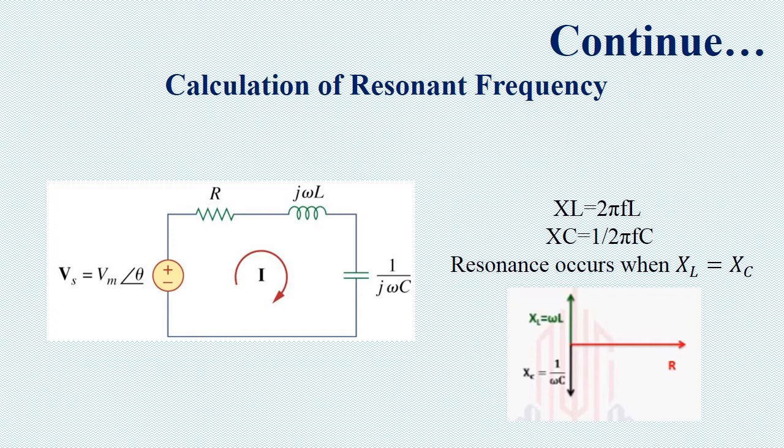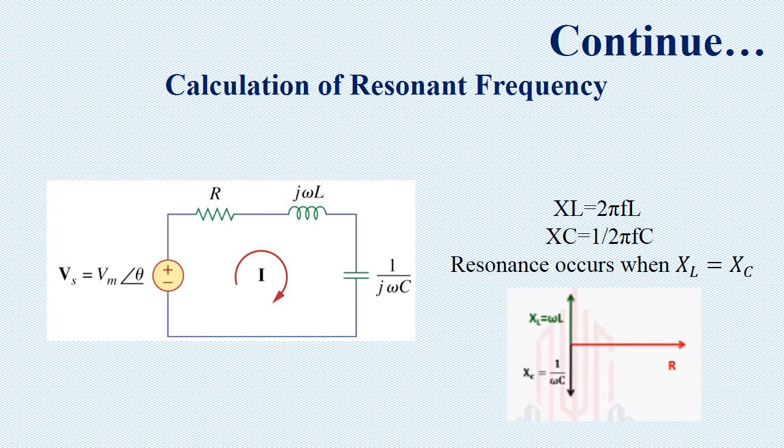So when we have the lagging phase shift with the resistor, XC will occur in the negative portion. So we can see that XL and XC are opposite to each other, because XL occurs at the leading angle, and XC occurs at the lagging angle.